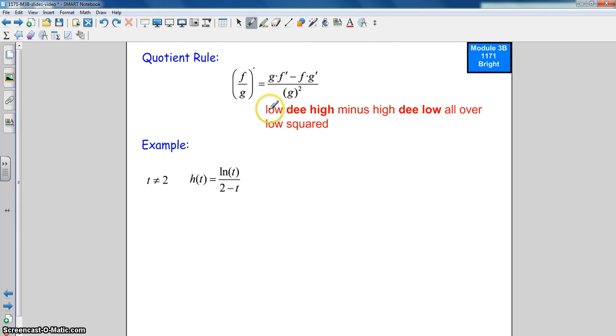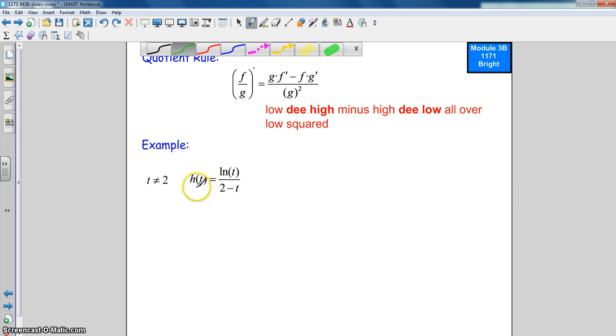And again, the mnemonic I learned for this was low, d high, so derivative of the high, the numerator, minus high, d low, derivative of the lower one, all over low squared. Again, like I said before, if you're a formula person, great. The mnemonic helped me, so feel free to use it if you wish.